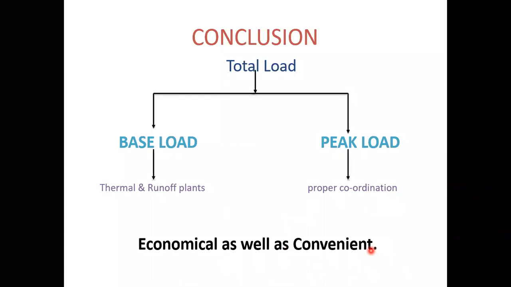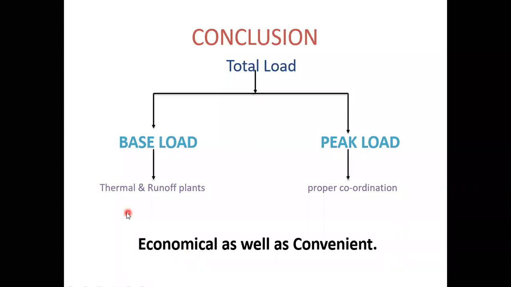So this is the conclusion of the first section. Every power plant has some advantages and disadvantages, so depending upon those points, we need to operate the two power plants, hydro and thermal, in a proper manner. Then automatically we can overcome those drawbacks.